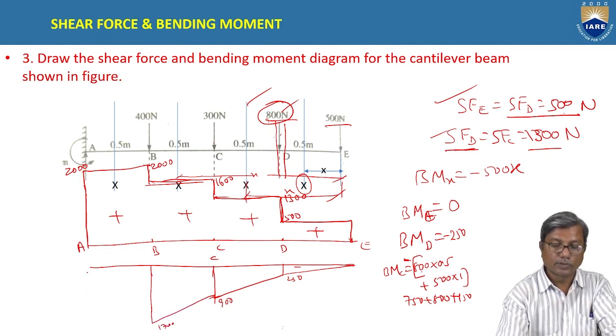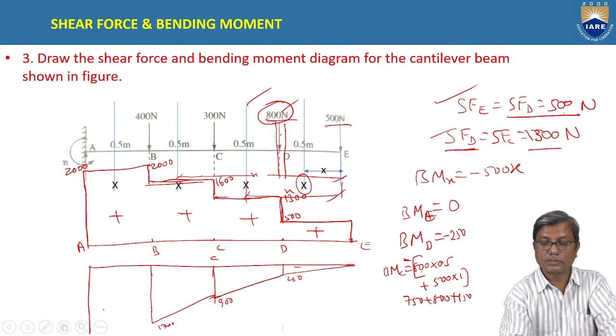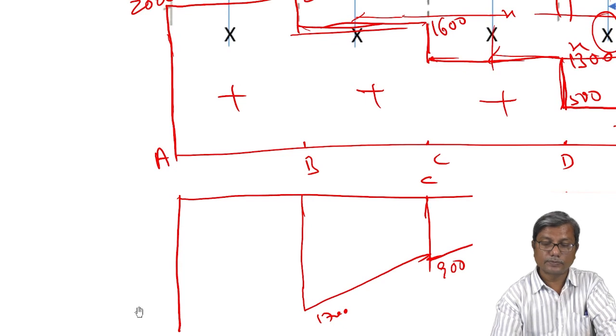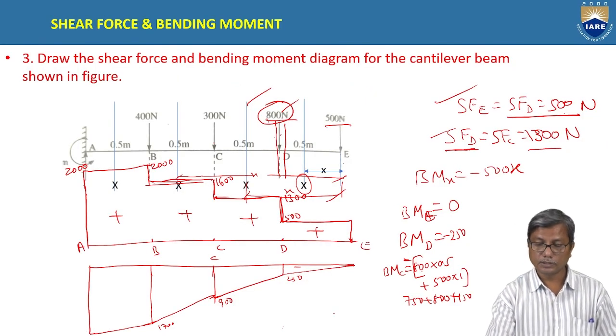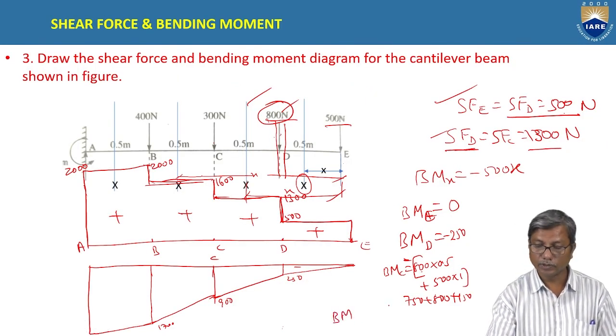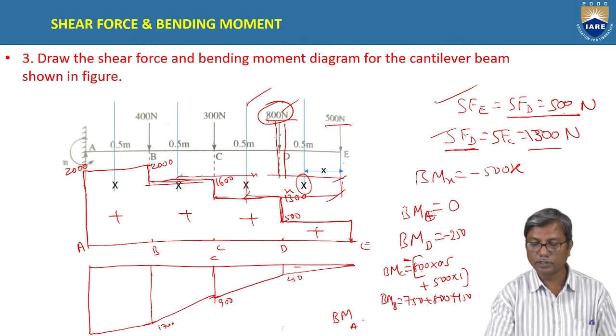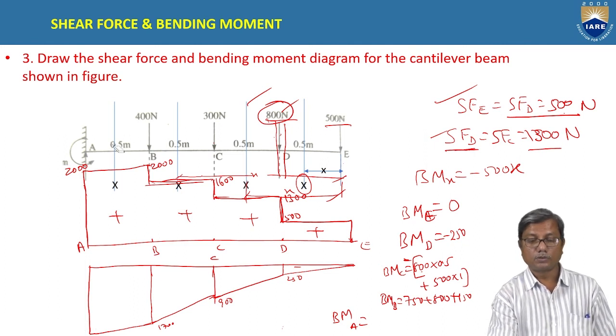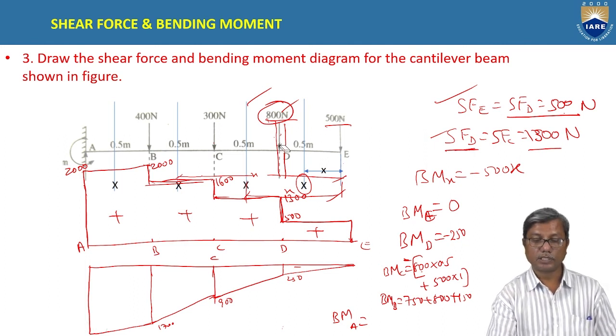1700, okay. And at A, the sum of all these moments, you have to calculate that, okay. So what is the bending moment at A? This is bending moment at B, and bending moment at A is 500 into 2, that is 1000. 800 into 1.5, 1200.